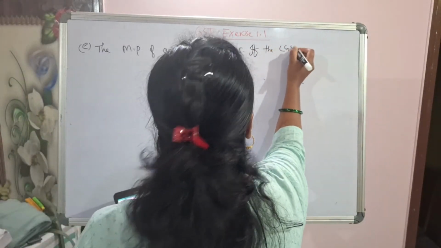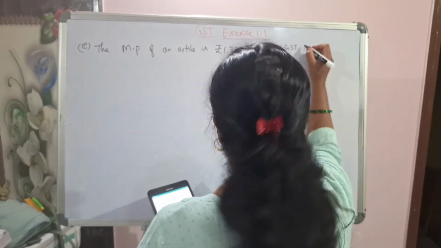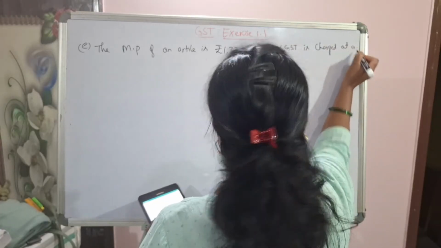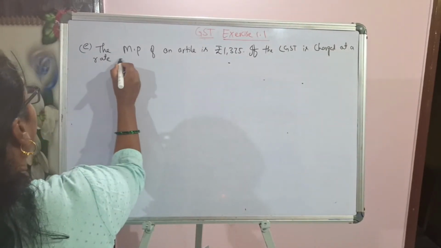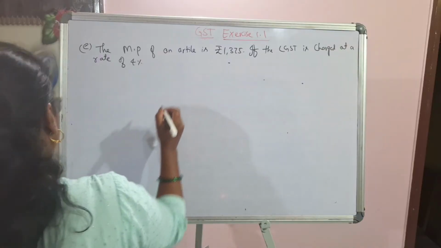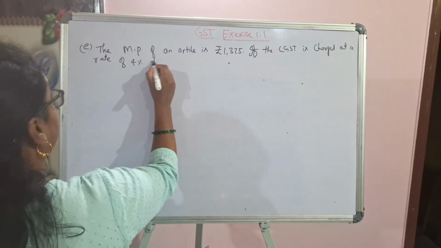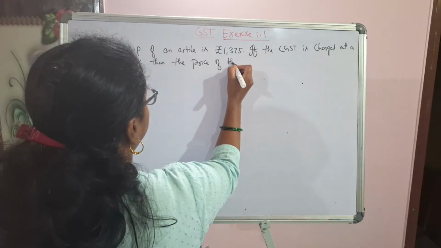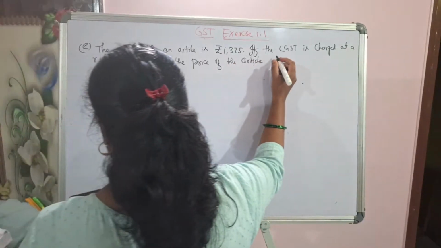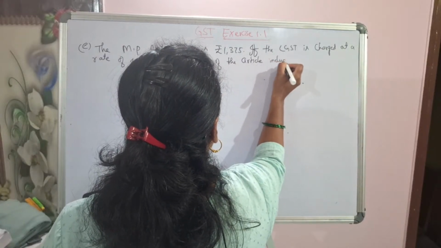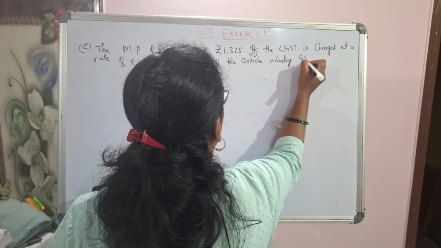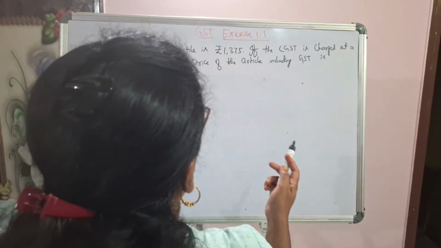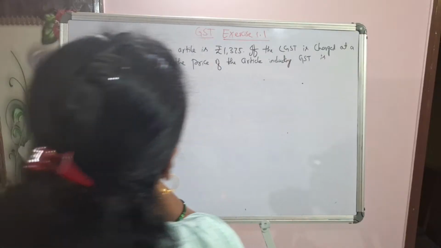If the CGST is charged at a rate of 4%, then the price of the article including GST is, that means we have to calculate the selling price of the article.